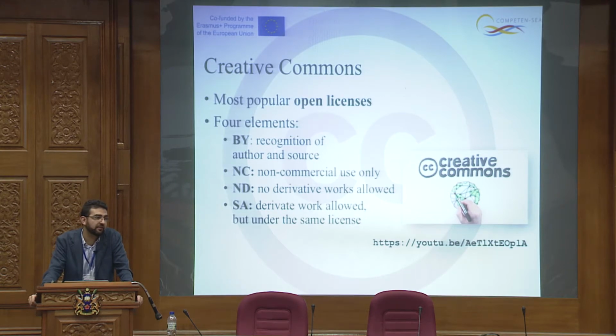And ND, which means that we cannot create derivative works from that image or content. And SA, which means that if we create a derivative content, it needs to be done under the same license. So SA comes from share alike.